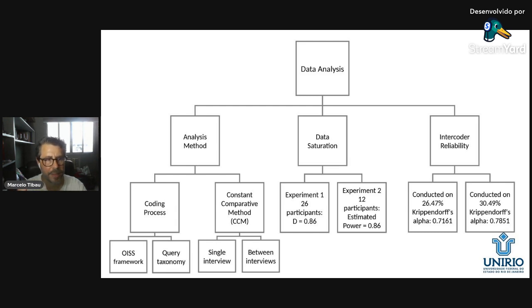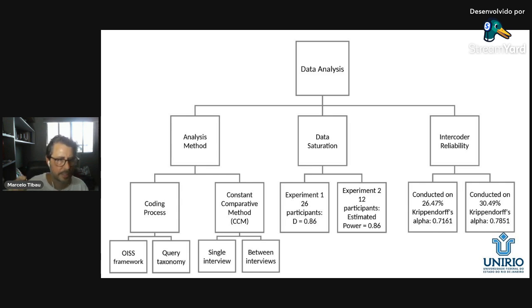The comparative method used was the concept comparative method, in which I analyzed the participants within. So I analyzed what the participant did, but also compared it to the set of participants.